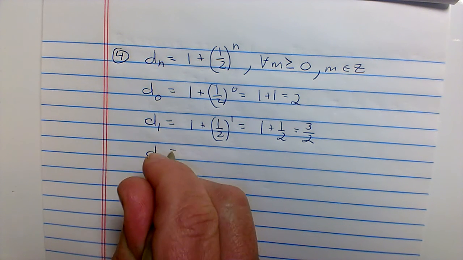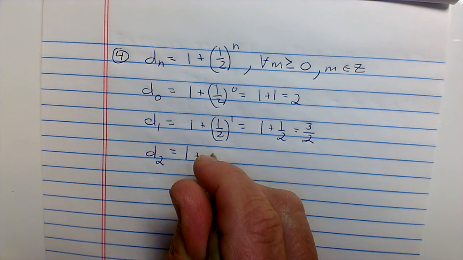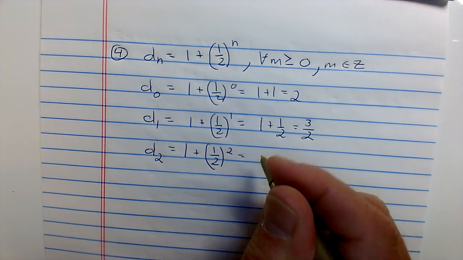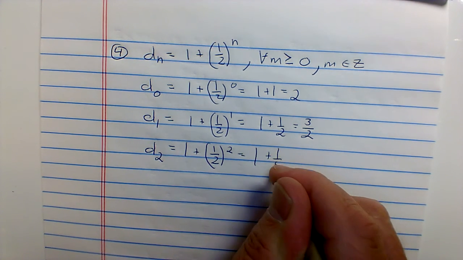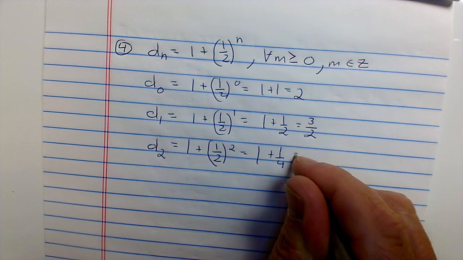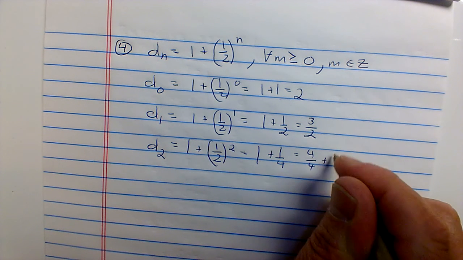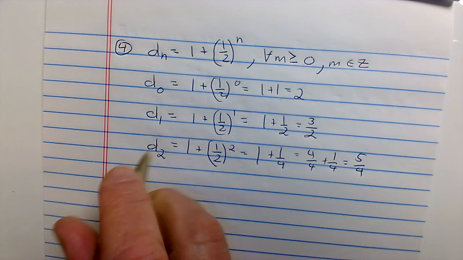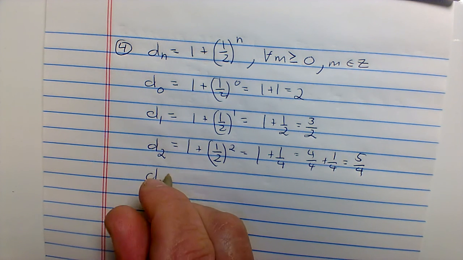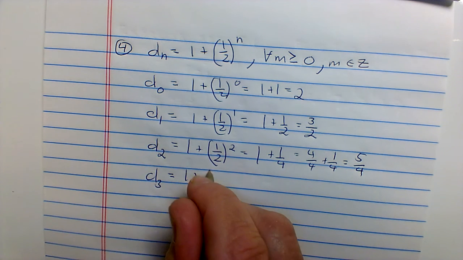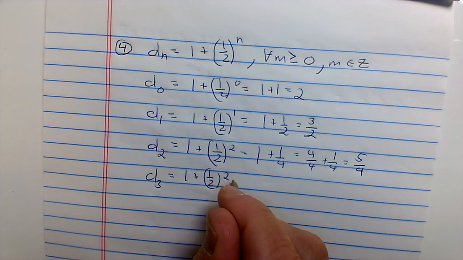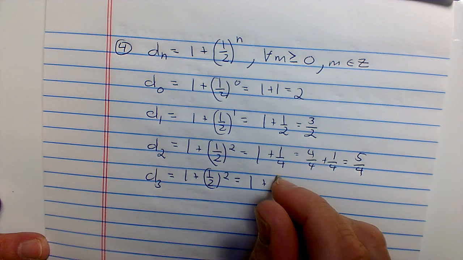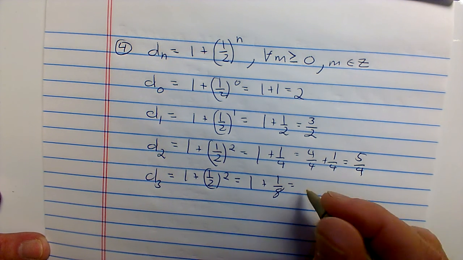d sub 2 is going to be 1 plus 1/2 squared, so it's 1 plus 1/4, so it's 4 over 4 plus 1/4, it's 5/4. d sub 3 is 1 plus 1/2 cubed, which is 1 plus 1/8.